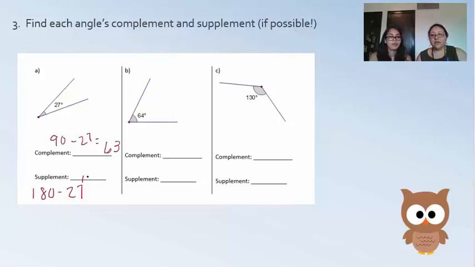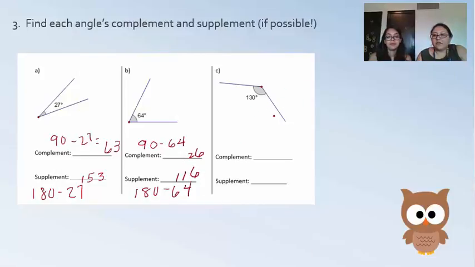That would be 153. Moving on to the next example, we have 64. To find the complement, we have 90 minus 64, and the supplement would be 180 minus 64. So 90 minus 64 would be 26, and 180 minus 64 would be 116.